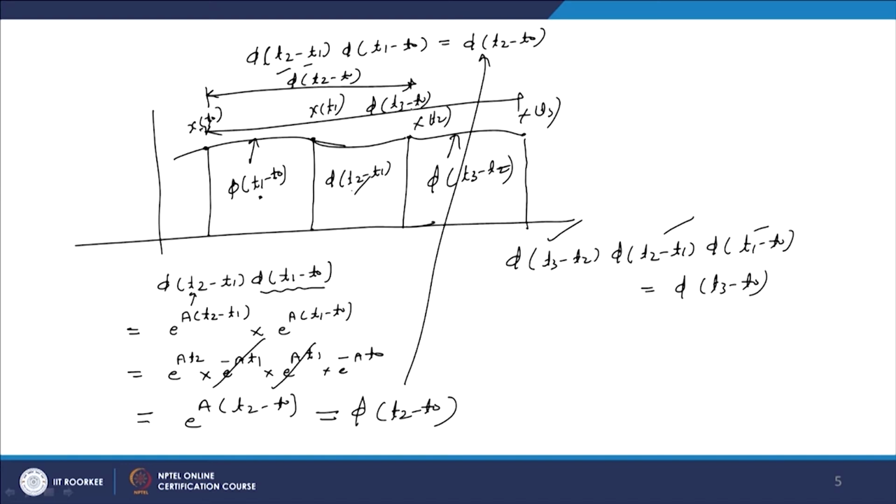Similarly, more state elements we can add, and we can express this in terms of the state transition matrix.